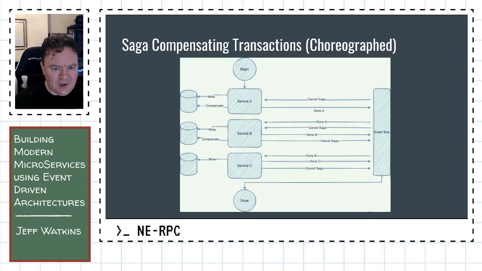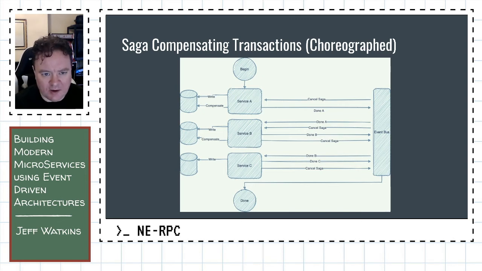So here's an example of the Saga pattern with compensating transactions, choreographed, and you can see service A says, well, I've done my thing, and then service B tries to do its thing, and if service B fails, you can cancel the Saga. There's no point in service A sending a cancel Saga message really, because it's the first in the chain.